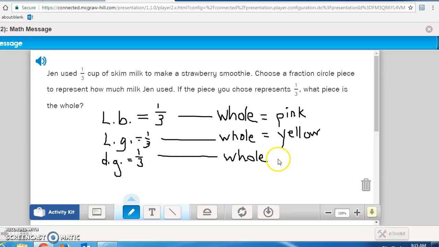You should notice now that your whole could equal 6 purples. Remember, students, 1/3 is an example of a unit fraction, which is a fraction with a numerator of 1. This has a numerator of 1, so it's a unit fraction. And unit fractions are part of the whole.